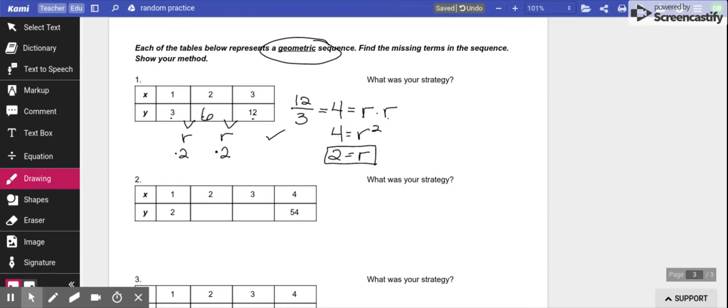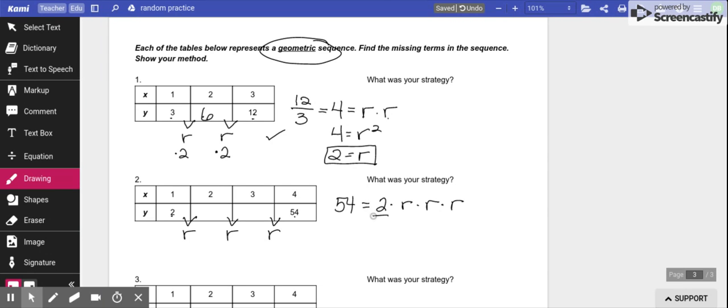Now I want to go from 2 to 54. And I need to do that by multiplying by my r 3 times. Okay, so I know that 54 is going to equal 2 times r times r times r.